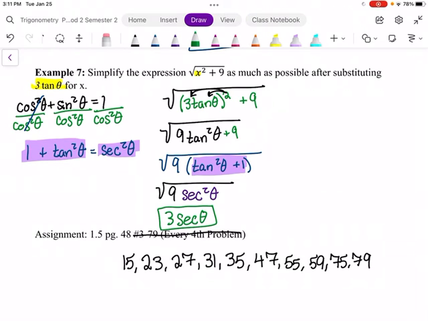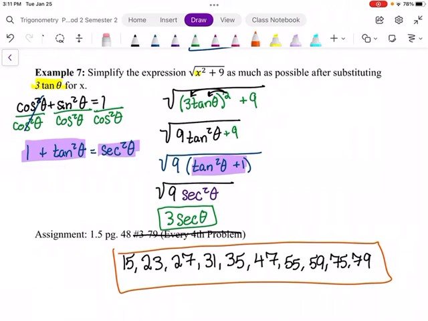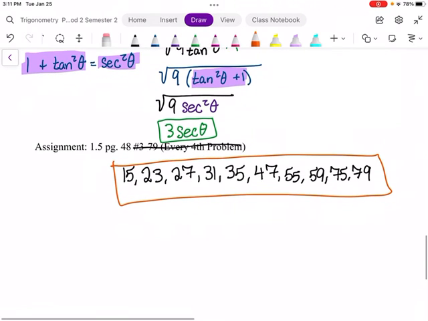I decided to change the homework problem because this is a Wednesday assignment. So we're just going to do these 10 problems, and for these, you're going to be able to follow some pretty basic steps. So the first thing you're going to do, again, is write down your equation or expression.